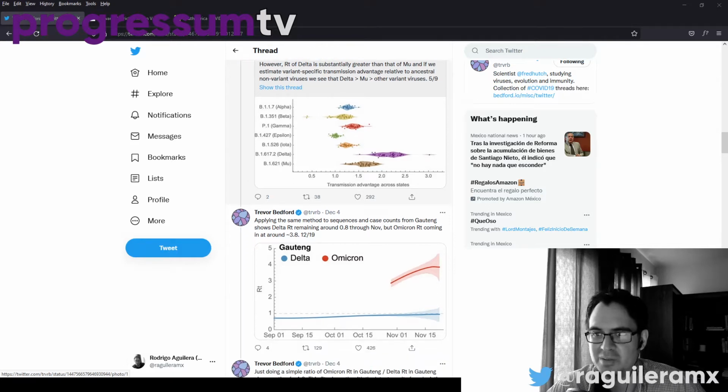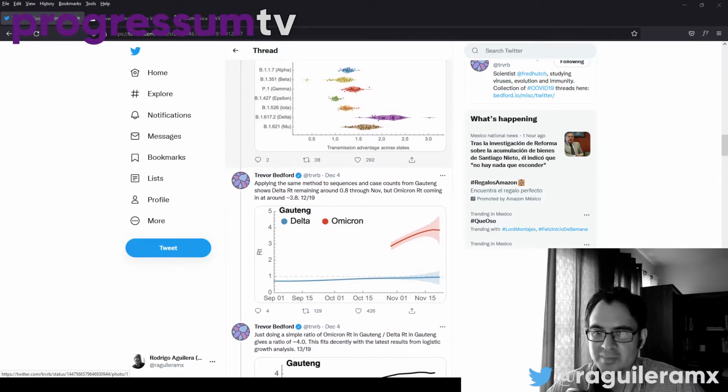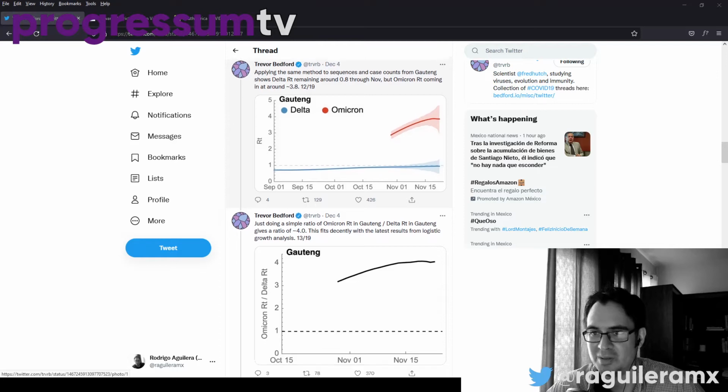So this shows just how big the transmission advantage of different variants has been relative to the ancestral strain. You can see Delta has a pretty impressive advantage of transmission versus the previous ones. So just how much does Omicron compare to Delta? Well, there you go.